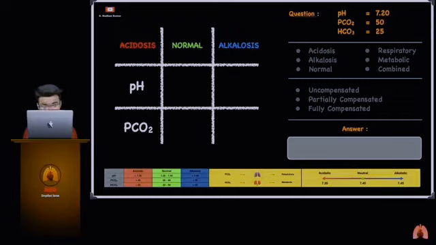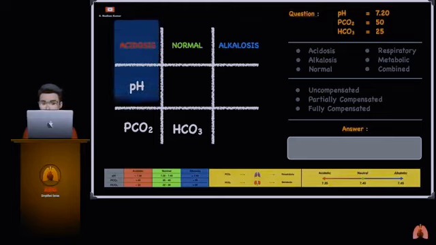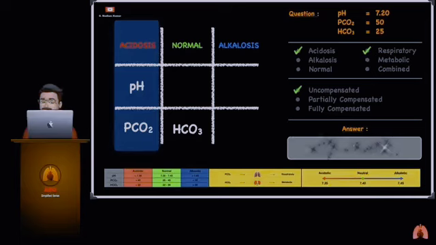HCO3 is 25, which is in the normal range. So, mark it under the normal column. If you see, HCO3 is normal, but the other two values are abnormal. So, the final interpretation will be uncompensated respiratory acidosis.